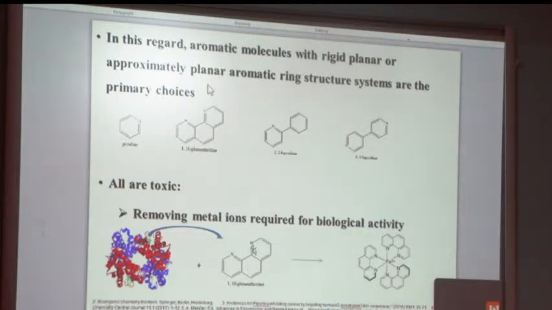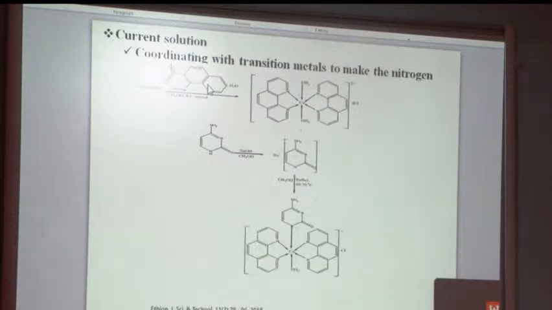One method is engaging these coordinating atoms with metal ions in the form of coordination chemistry like this one. For instance, this is one of our works. This is cobalt chloride hexahydrate treated with phenanthroline, which formed such a structure.